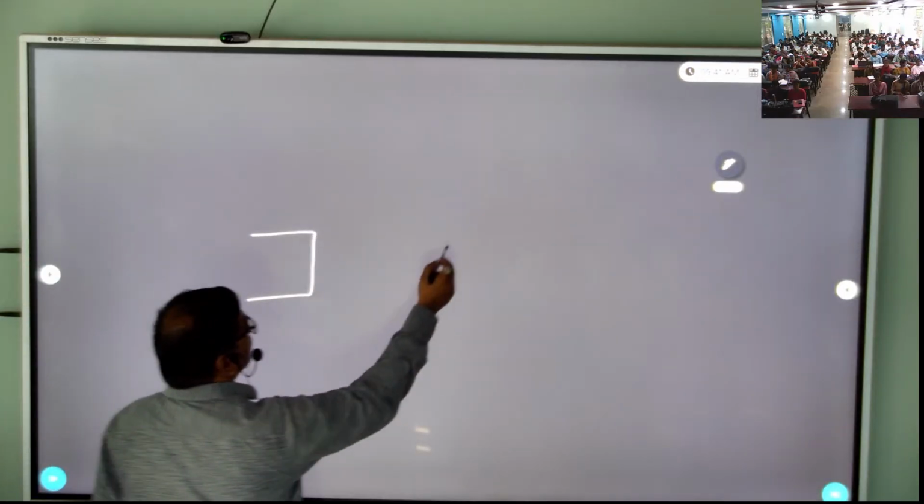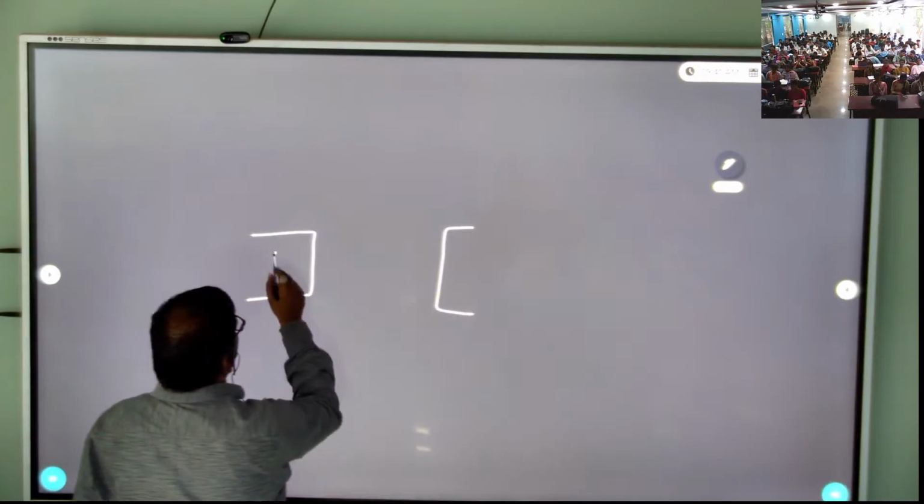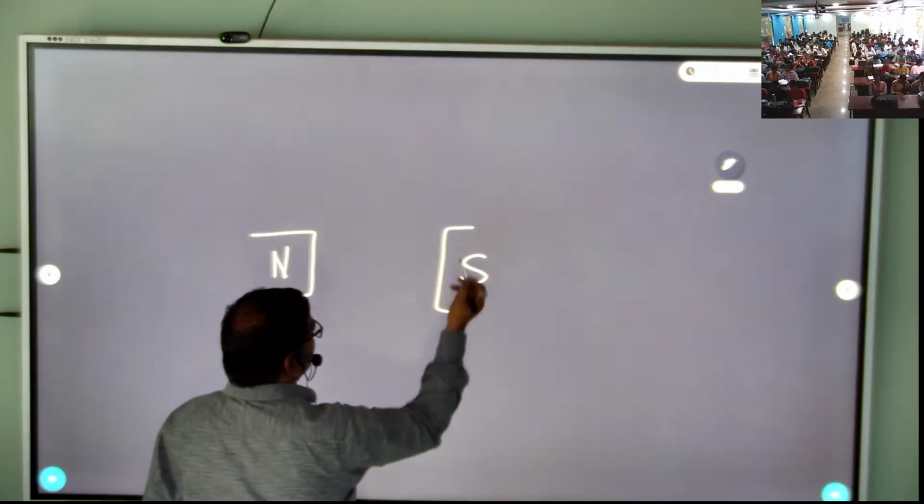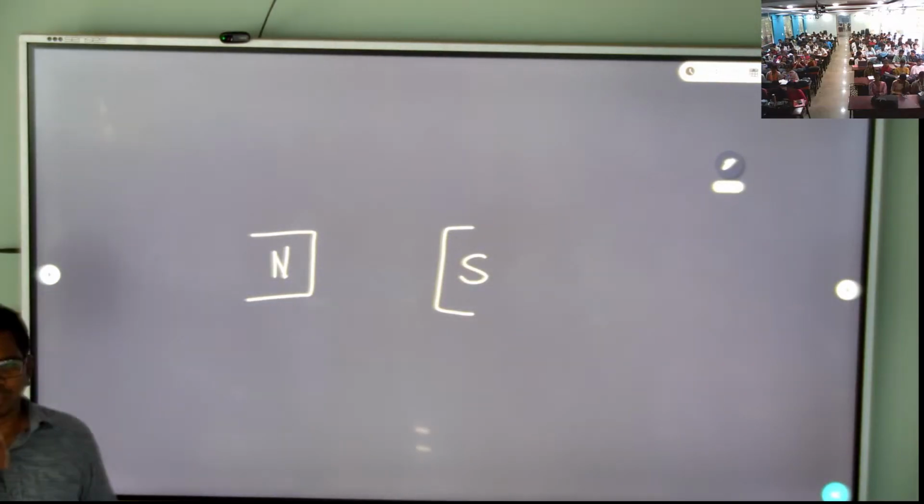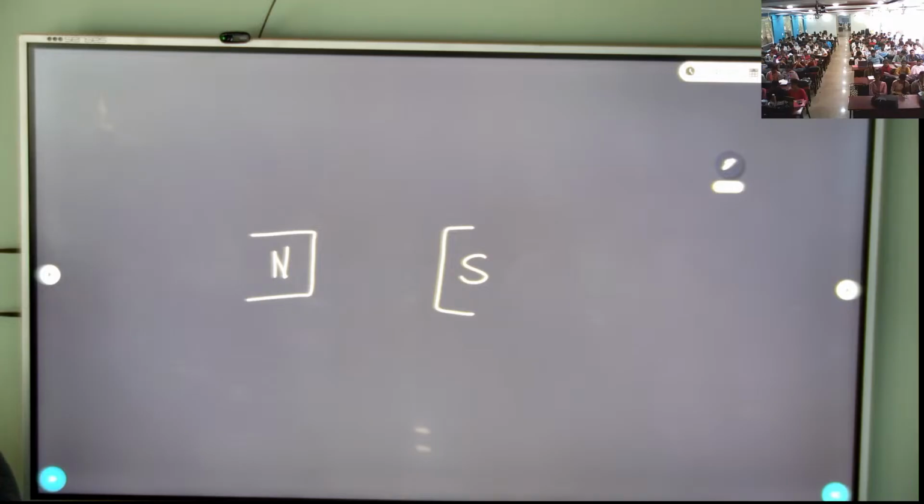So the principle here, principle of DC motor. Actually DC generator and DC motor both are equal in construction. There is no difference between them.